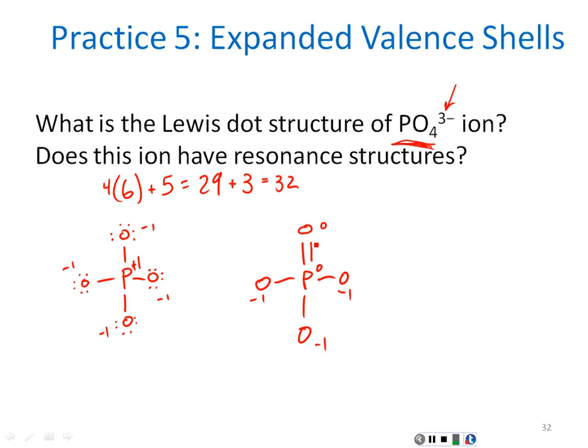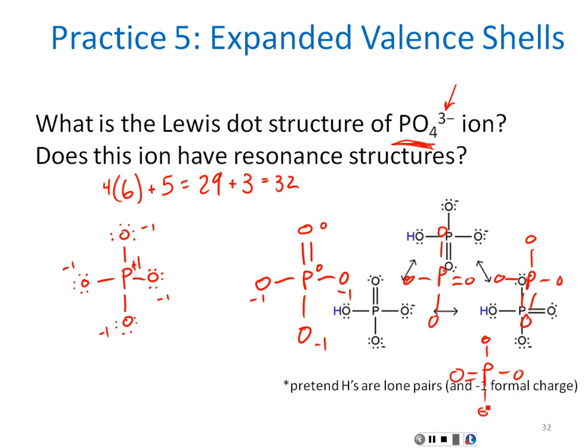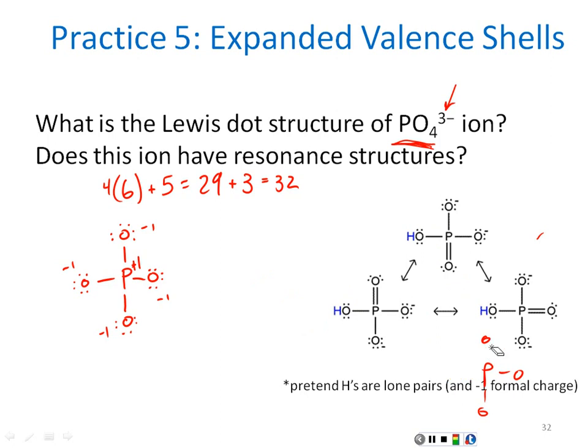You can move the double bond to any of the 4 oxygens, and it would be an equivalent structure. Let me erase my markings. That is shown in this resonance structure for the phosphate ion.